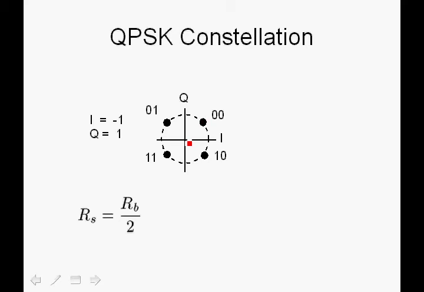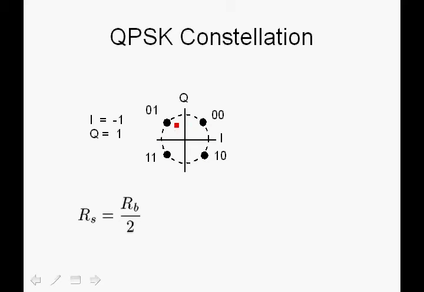Each point corresponds to a vector, and each vector represents a symbol. And each symbol has a coordinate, an in-phase term and a quadrature phase term. For example, the point over here has coordinates I equals −1 and Q equals +1. Notice that in the case of quadrature phase shift keying, all 4 coordinates also lie on a circle with a constant modulus.